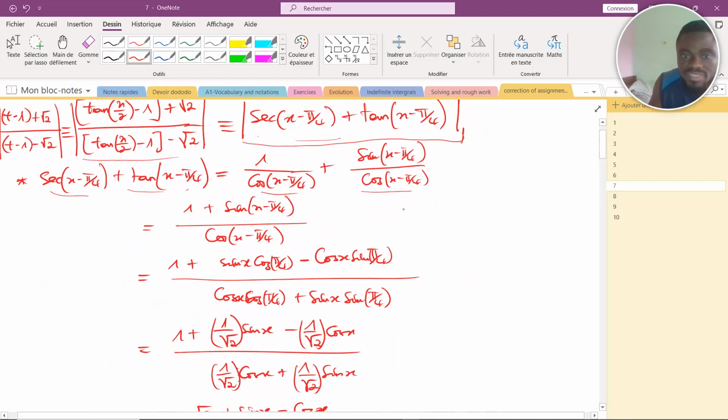I'll expand this. I know that sine a minus b is equal to what? Let me give you the general formula.